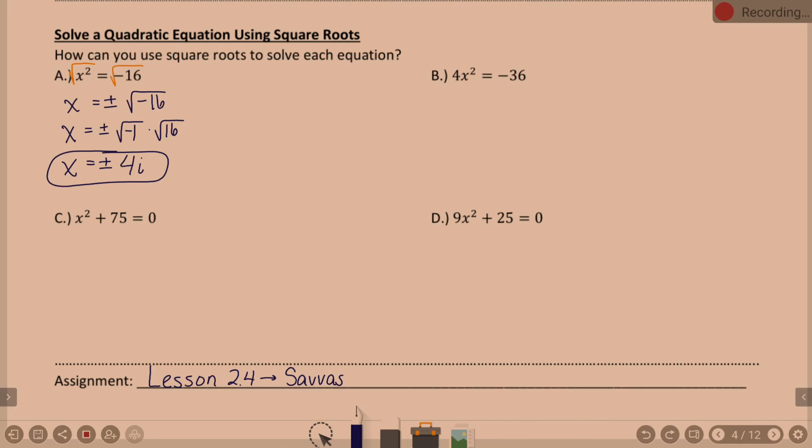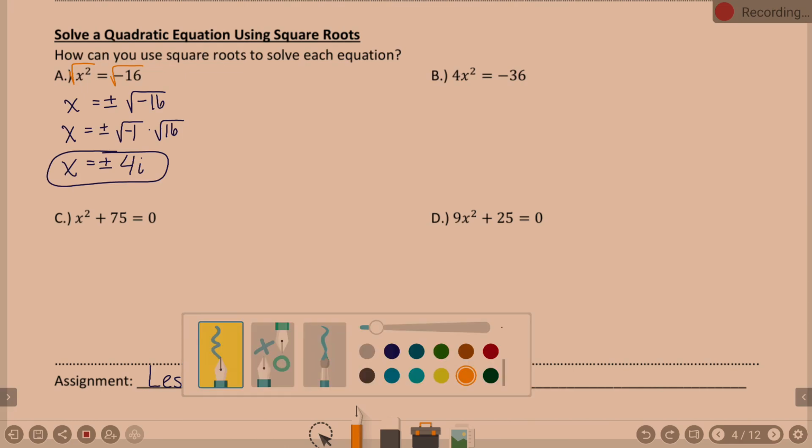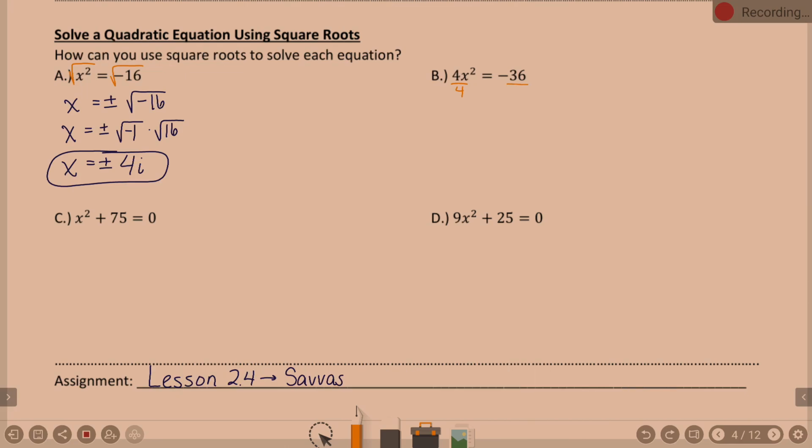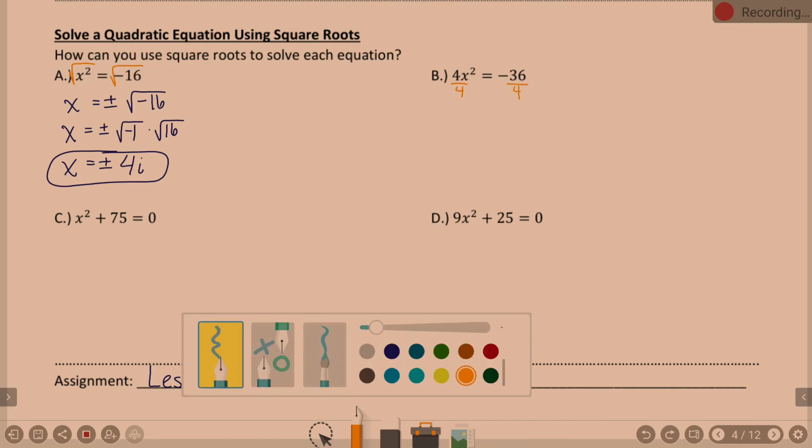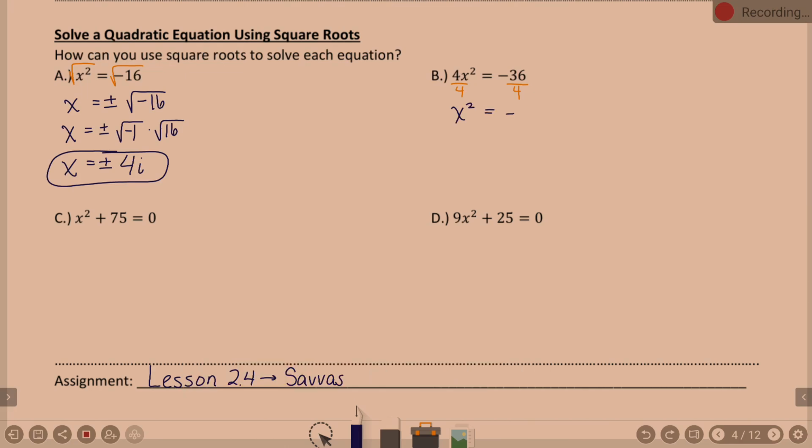Now, B. 4x squared equals negative 36. What's different about this one? The x squared is not by itself yet. So, how do we make the x squared by itself? Divide both sides by 4. Good. We're going to divide by 4 to get us started. So now, when I divide by 4, I have x squared equals negative 9.